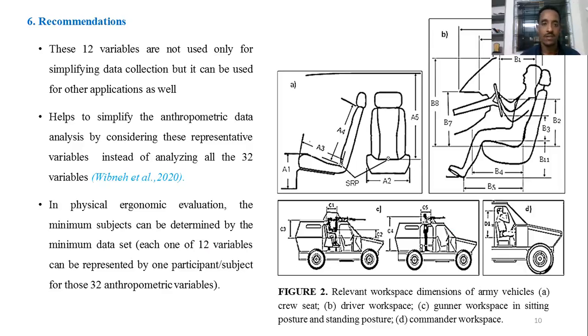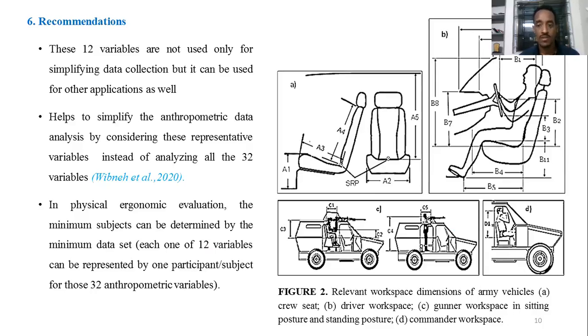In my other publication, my paper, I used this application for analysis of variance and significance tests. So these 12 variables may be enough. For physical ergonomic evaluation also, 12 persons who exactly represent these 12 variable measurements can be enough.